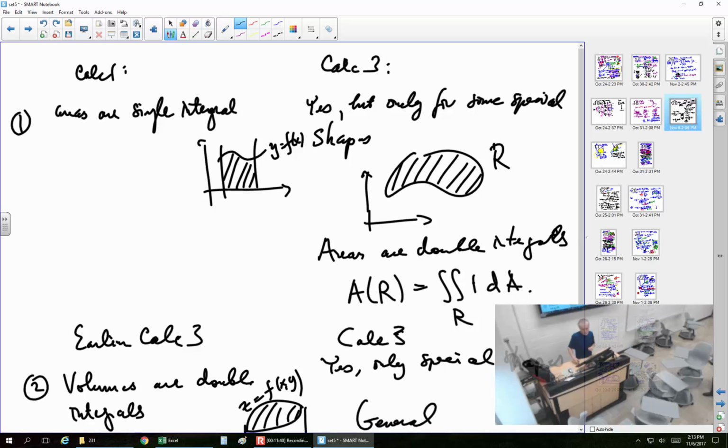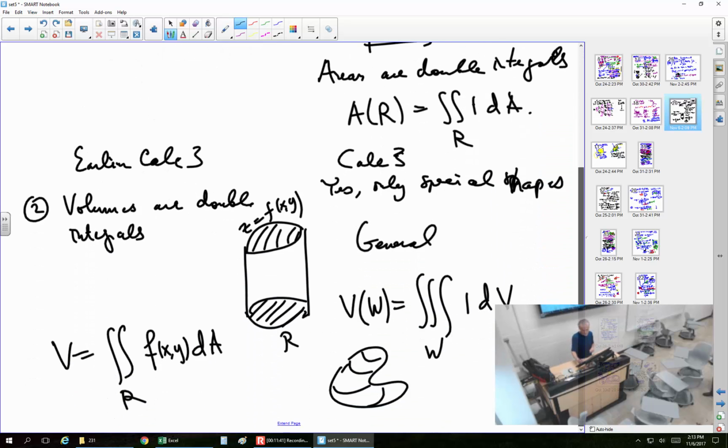We don't have this luxury of using one extra dimension to understand it, but then we just think about 1 as what? In triple integrals, what's the interpretation or metaphor for the function? What do we integrate?